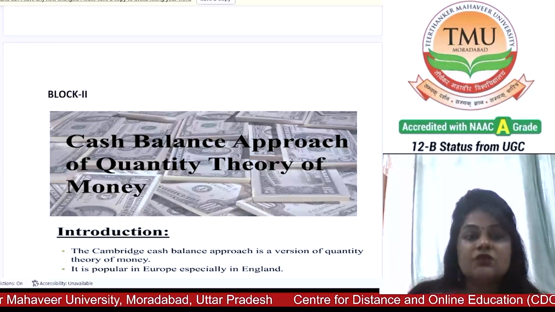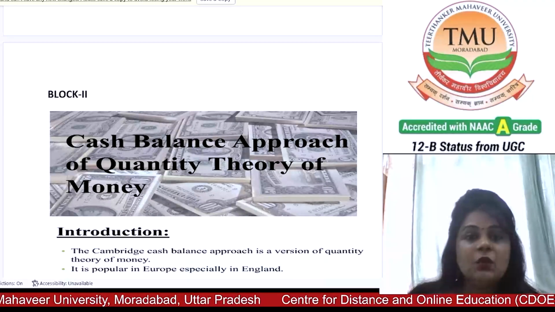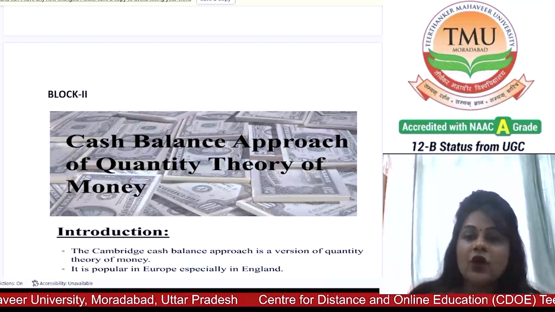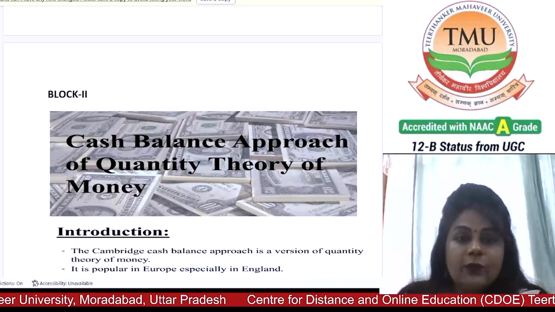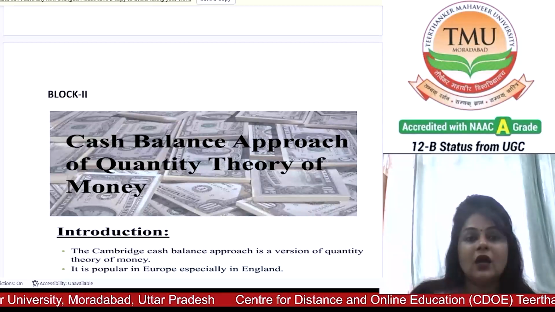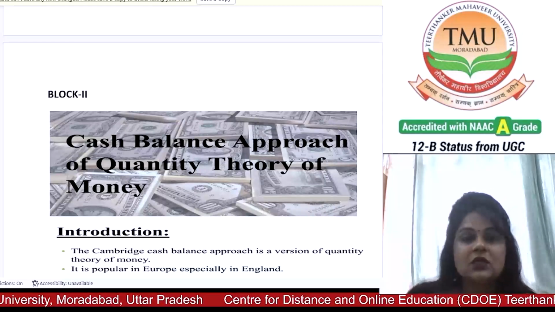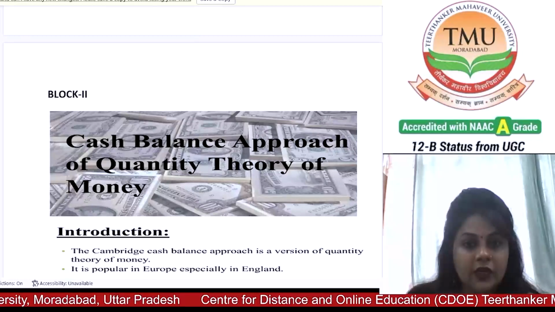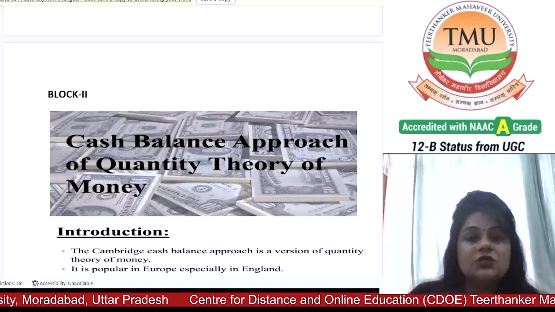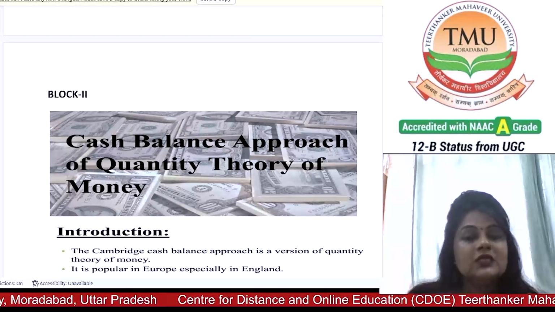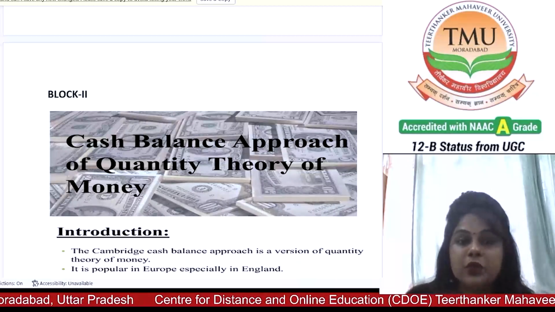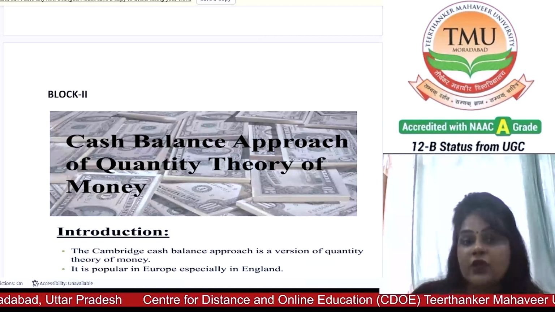It was proposed by the French economist Jean Bodin in 1566. It was further elaborated upon by the Italian economist Davanzati in 1588, the English economist John Locke in 1691, and David Hume in 1752.